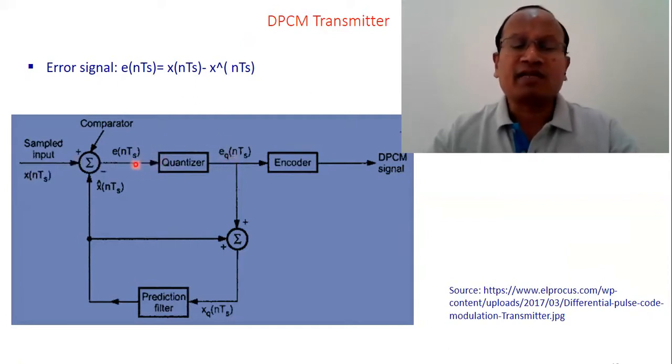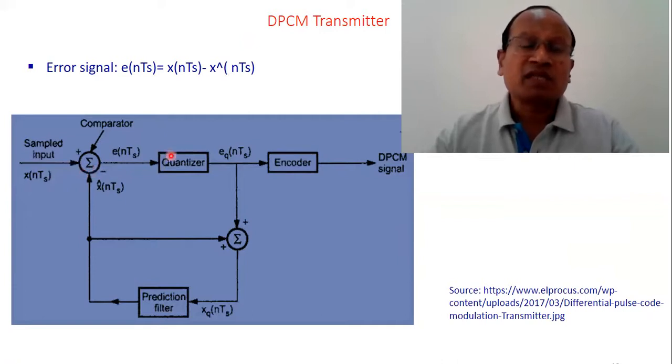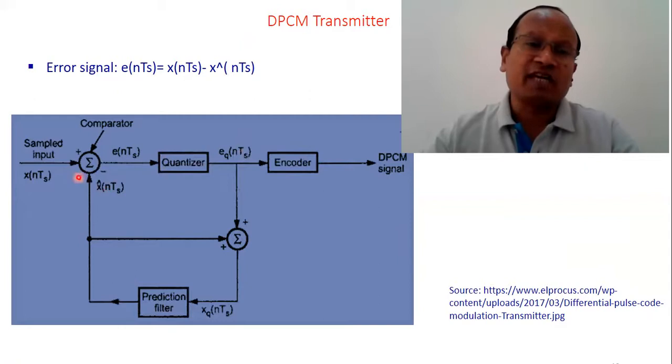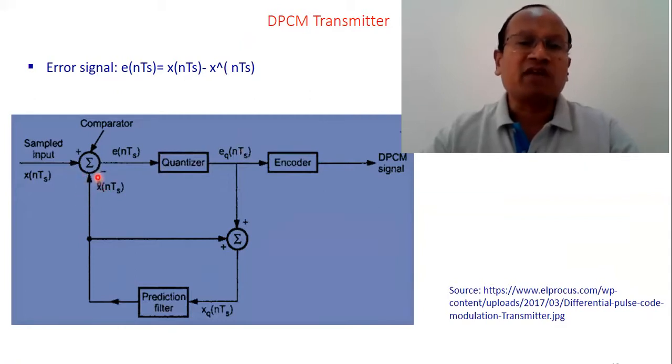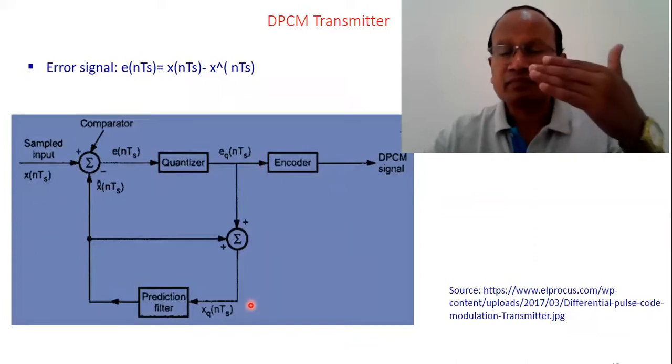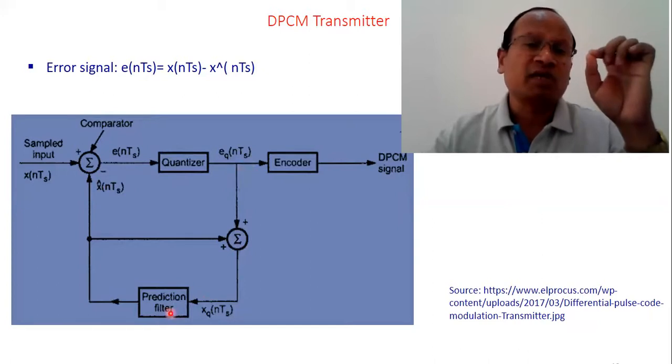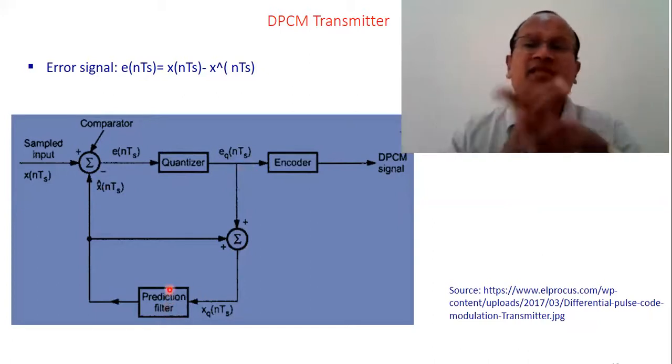And how do we get an error signal? That is the difference between the incoming pulse and the previous pulse. So where is the previous pulse? The difference term of the quantized output, correspondingly with the help of the signal which is being fed, generates an approximated signal corresponding to this difference term, and it is generated by the prediction filter.